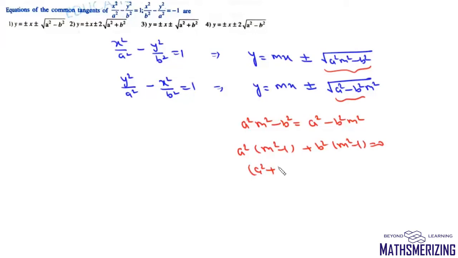So the condition that we'll get is a square plus b square into m square minus 1 equals 0. That is, the value of m should be plus 1 or minus 1. Now we'll put m as plus minus 1. We can write equation of tangent as y equals plus minus x plus minus under root of a square minus b square. And that's your option number 1.